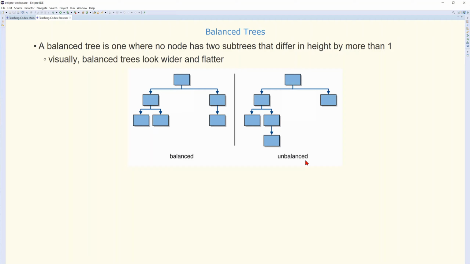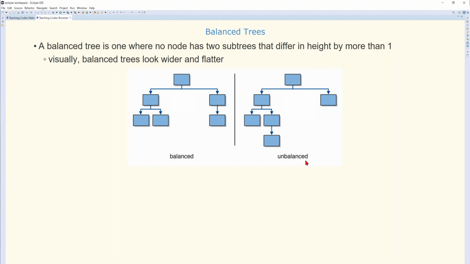So if the left and right subtrees of the root are equal, or the left subtree is higher by 1 level, or the right subtree is higher by 1 level, we will consider the whole tree to be balanced. Note that we're not enforcing exact equivalence, and there's a reason for this.